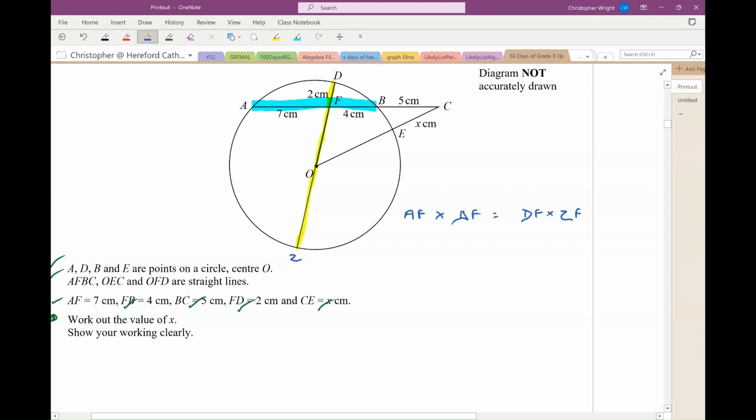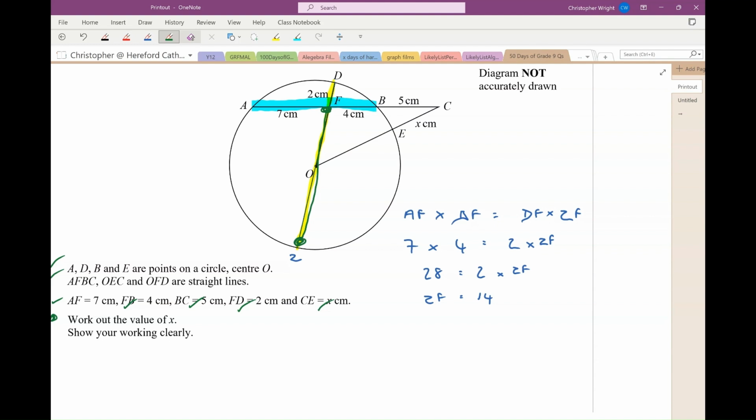Right, AF is 7 times BF is 4 equals DF is 2 and ZF, I don't know what that is, I'll just call it ZF. But look, I can find ZF now. 28 equals 2 times ZF. So ZF is 14.